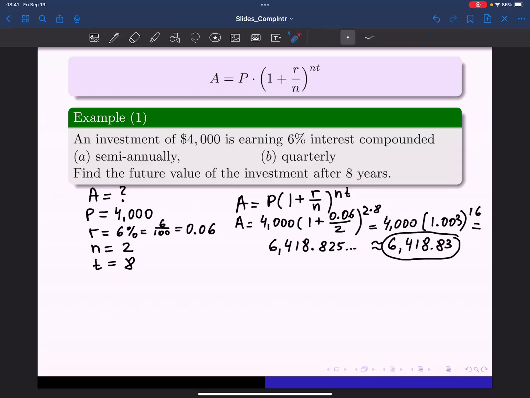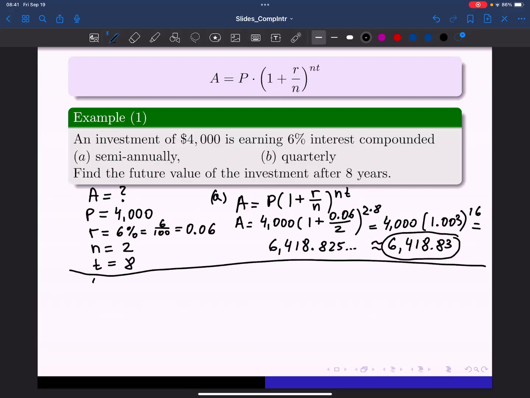This is the amount if we deposit 4,000 into the account and we do not add additional money. This is the amount after 8 years at a 6% rate. So this is part A.